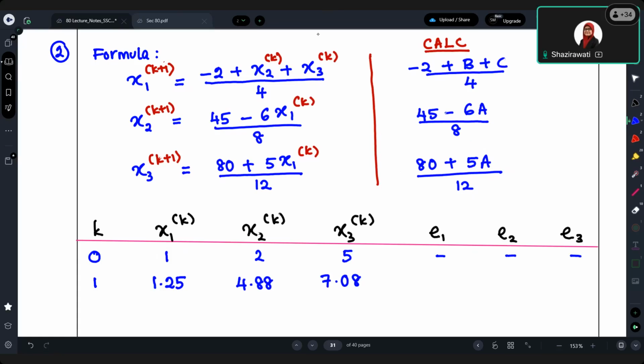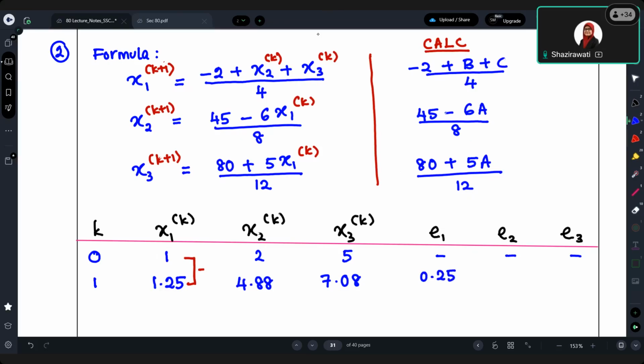Okay, so now bahagian error, E1 adalah the difference between these two in terms of absolute value. So you tolakkan atas tolak bawah ke tak kisah, bawah tolak atas ke tak kisah. Okay, so anyway you akan take the absolute value pun. Okay, so dekat situ 1.25 minus 1, so you will get here 0.25.